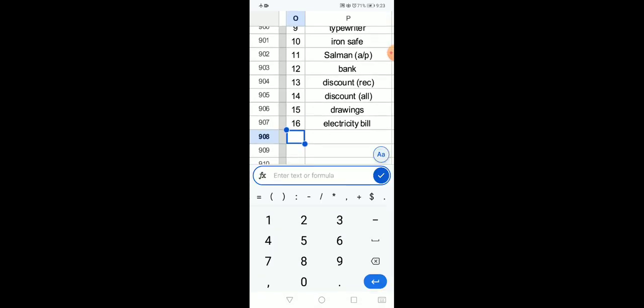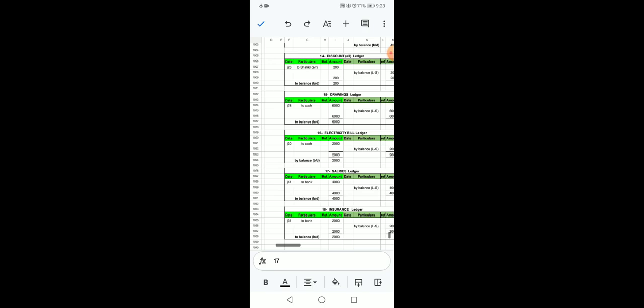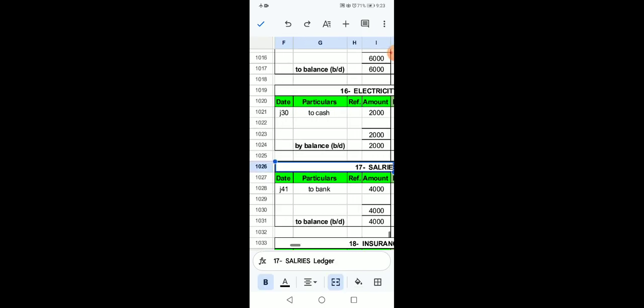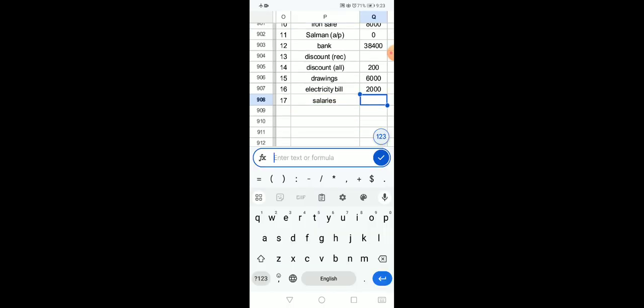It's time to see the 17th ledger. The first step is to see the title of the 17th ledger, that is salaries. So you will put the title first in front of the 17th number ledger. The title is salaries, put in the detail column. And now it's time to see where the balance of the salaries ledger is brought down.